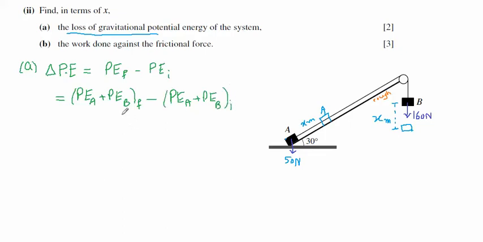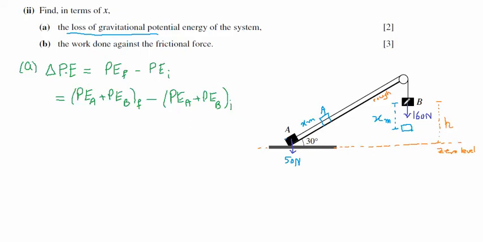Whenever we are doing a potential energy situation, we have to declare what the zero level is, the level from where we take the heights of the objects. So let's say that this ground level we are taking as the zero level for both objects. Now initially the height of A is 0, it's at the ground level, and the height of B is not given, so we can take this height as some unknown value h.